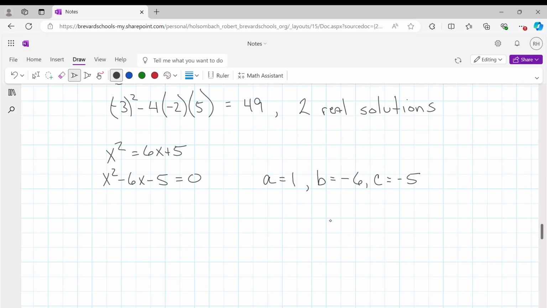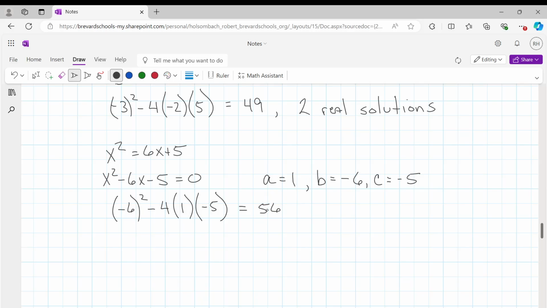So if we do b squared minus 4 times a times c, that goes right into the calculator. And that equals 56.